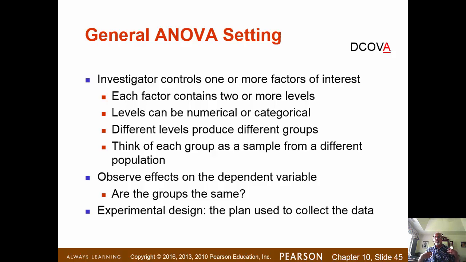You have no role in assigning the experimental units to the different samples. So if you take the GPA example, students are already in those majors. You don't get to randomly select a bunch of students and then say, this group is going to be management majors, this group is going to be finance majors. You don't have any say in that. The students self-select, and then you simply observe. So that is an observational study.